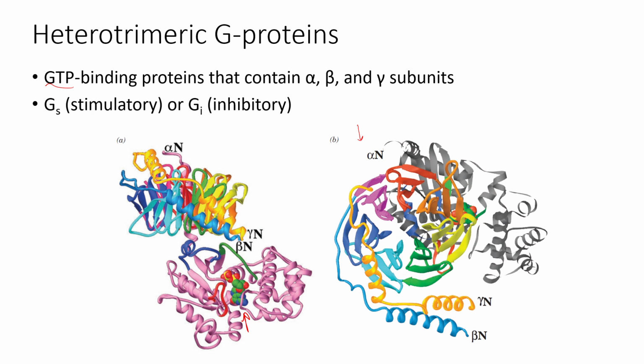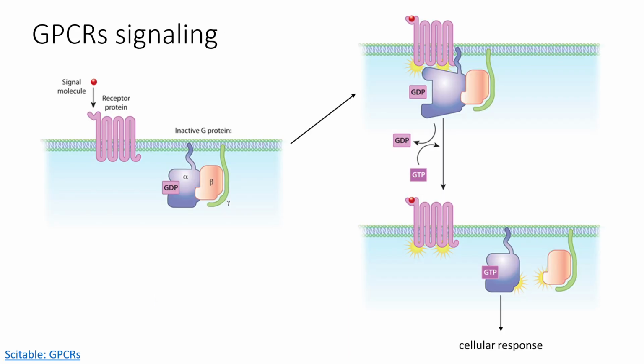These 3 subunits can each have a particular function that they can carry out. But overall, these heterotrimeric G proteins can be either stimulatory or inhibitory, Gs or Gi, meaning that they can activate or inhibit some of the components that are downstream, further along in the signaling cascade. So let's get more into how this signaling process actually works.